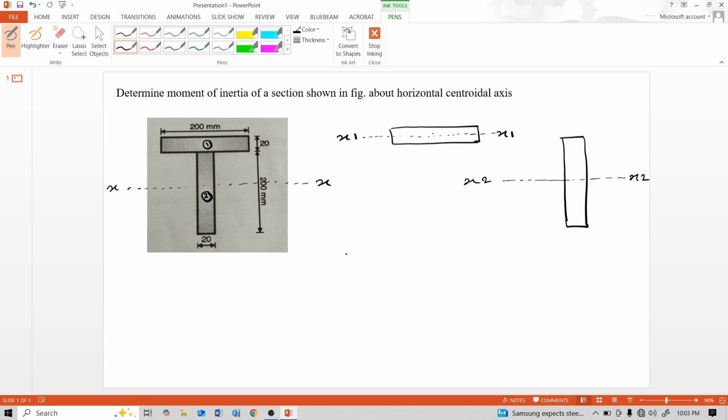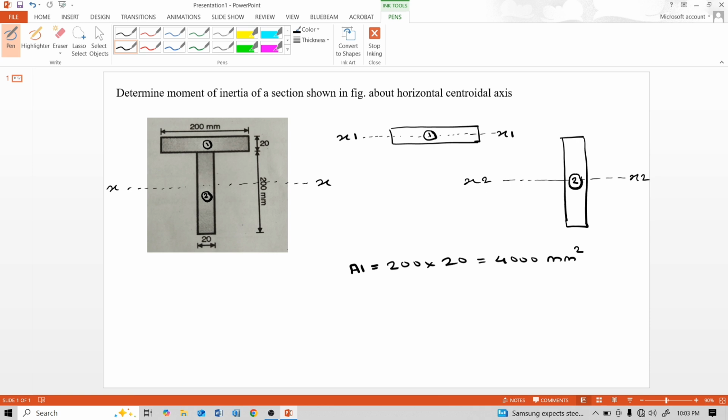So this is A1. The area of this flange part is width into thickness, that means 200 mm multiplied by 20 mm, that means 4000 mm square, the area of this first rectangular part.